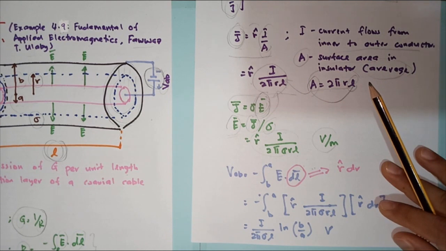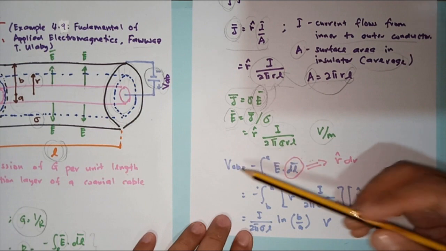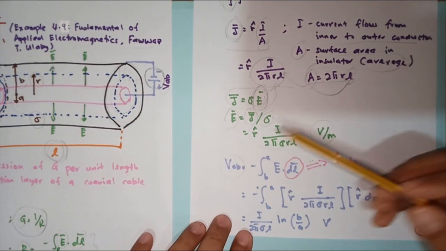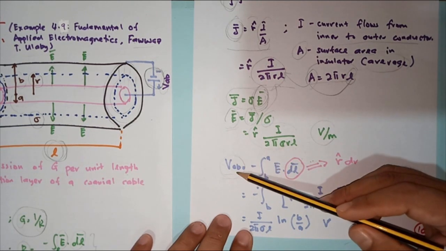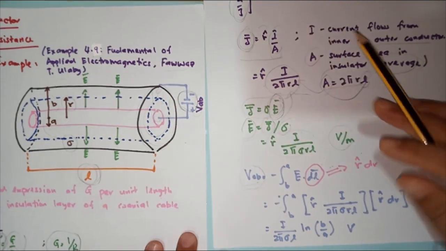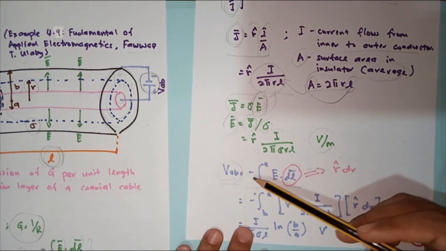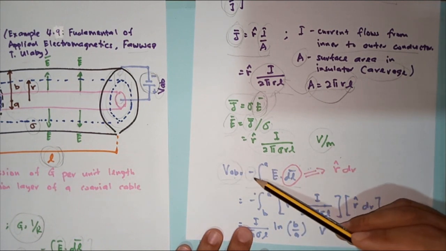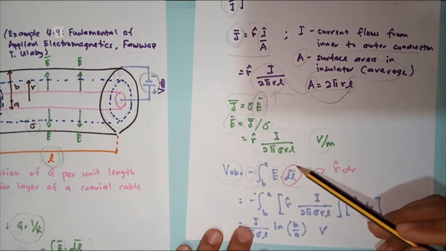In order to find the G per unit length, we need to find the expressions that represent V and I. First, to find the expression for VAB, which is the potential difference between the inner and outer conductor, we can use this expression, whereas VAB is equal to minus the integration from B to A of vector E dot vector dl.